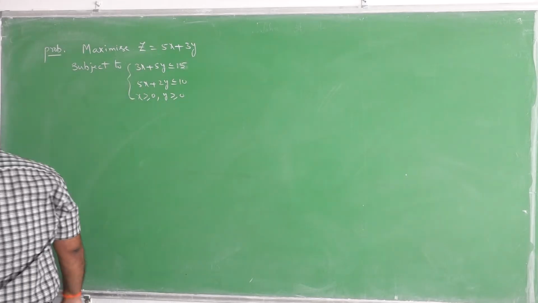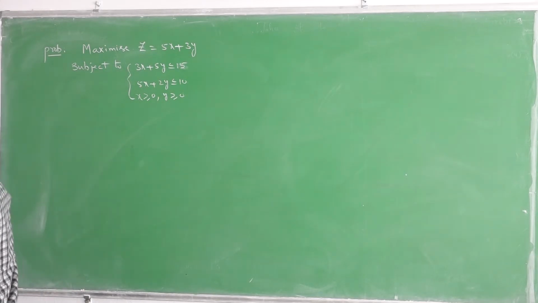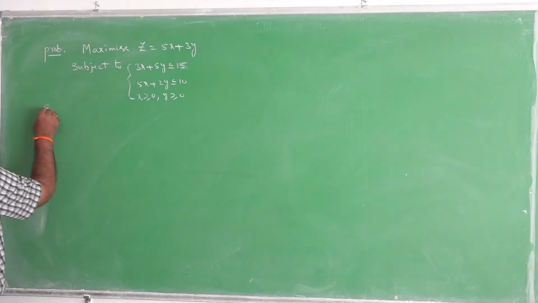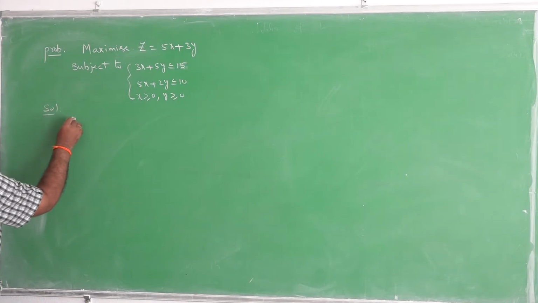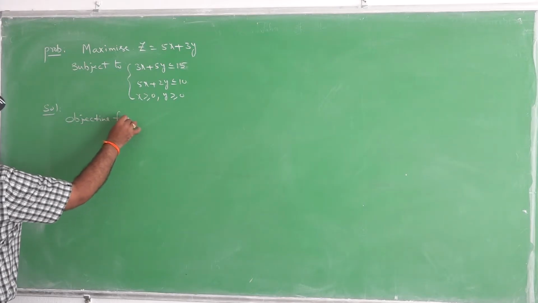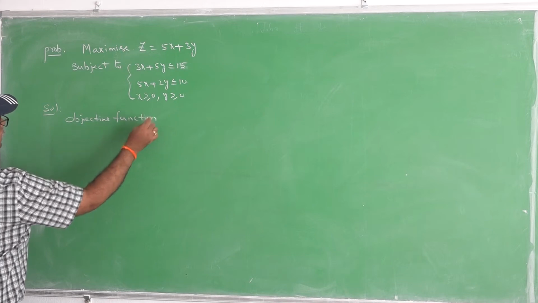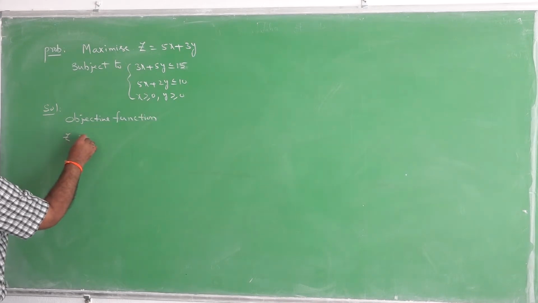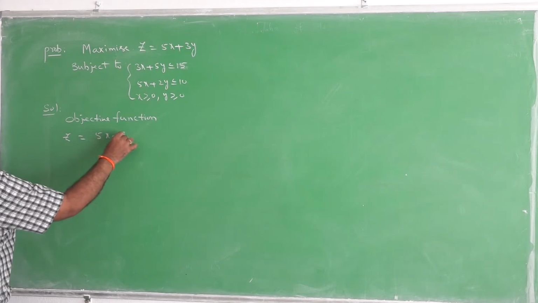Here also we have two constraints. The remaining two constraints are non-negative constraints. So you have to maximize the objective function z equal to 5x plus 3y with the help of these constraints. The given objective function is z equal to 5x plus 3y.